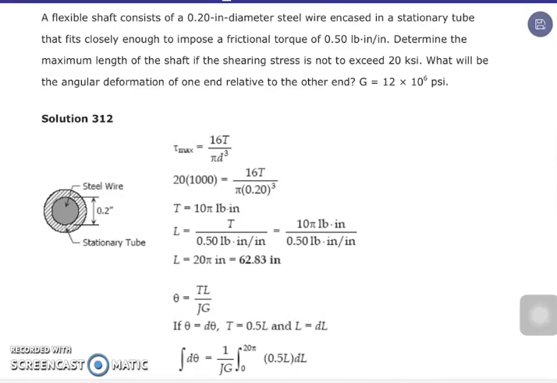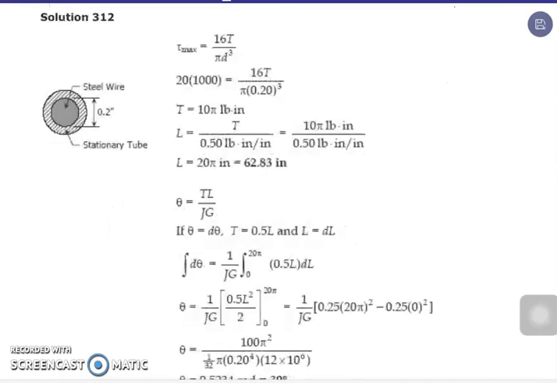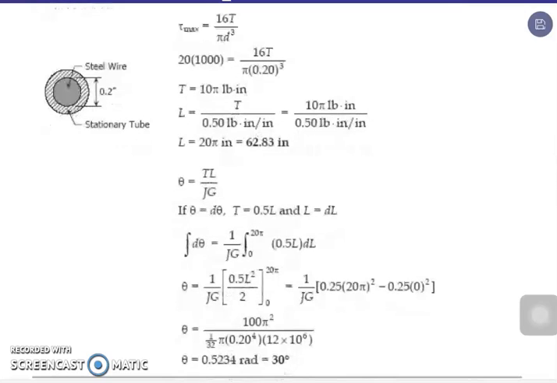For this one, the formula that we'll be using is the maximum torsional shearing stress, which is 16T over pi d cubed. We substitute our allowable shearing stress, which is 20 ksi, converted to pounds, so times 1000, equal to 16T over pi times d, which is 0.20, to the third.